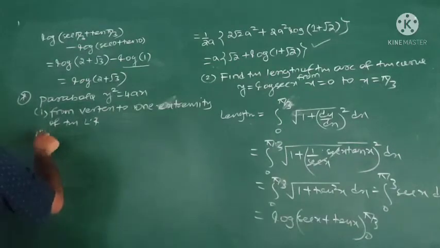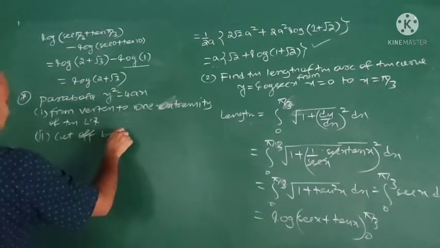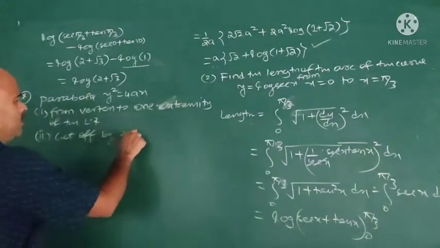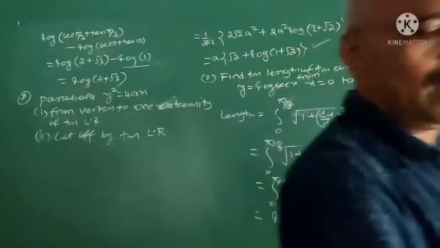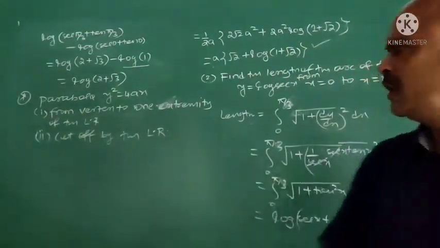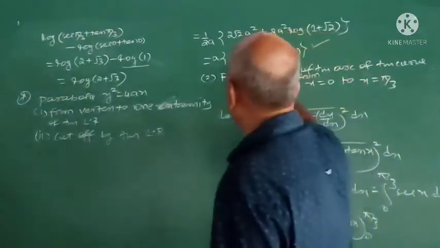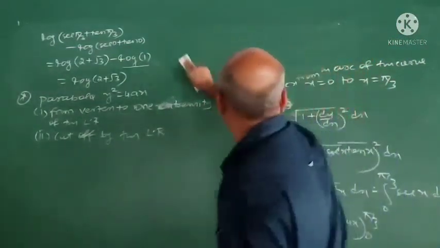Second, cut off by the latus rectum. See the problem here. It is exactly the same as the first problem. But the equation is different here. It is y square is equal to 4ax equation.